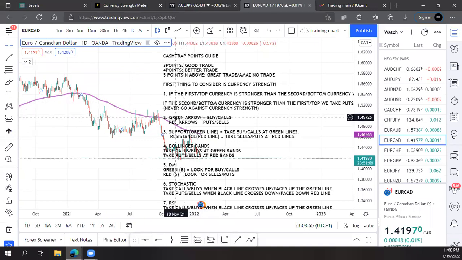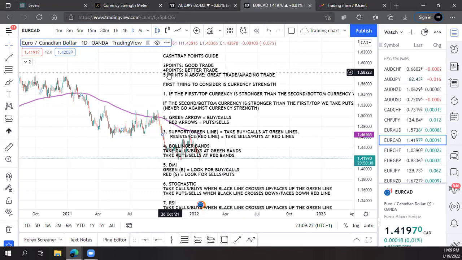Now the arrow: if the currency strength meter is in favor for a buy, that's 1 point. The arrow is 2 points. If it's around the support area, that is 3 points. If the market is around the green Bollinger Bands, that's a fourth confirmation. If the DMI says B, that is a fifth confirmation for buy.